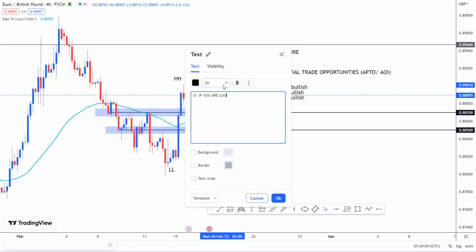You're looking to buy, then you need to buy from a potential higher low.